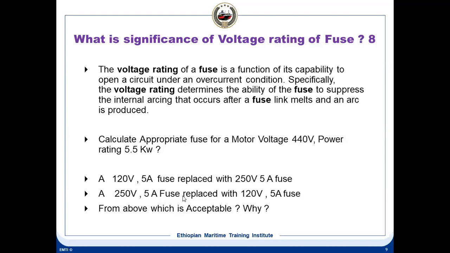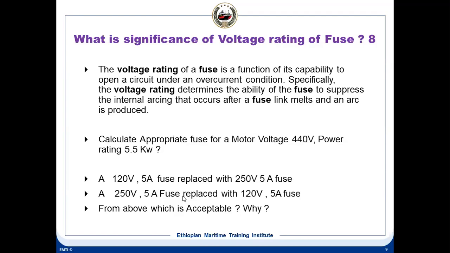You get the current, but then you need to add a safety factor. Generally the safety factor is 1.25 or 1.35. So if it's a DC circuit, it is power divided by voltage multiplied by the safety factor.